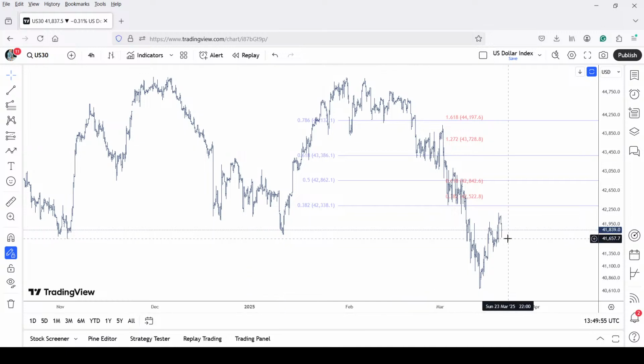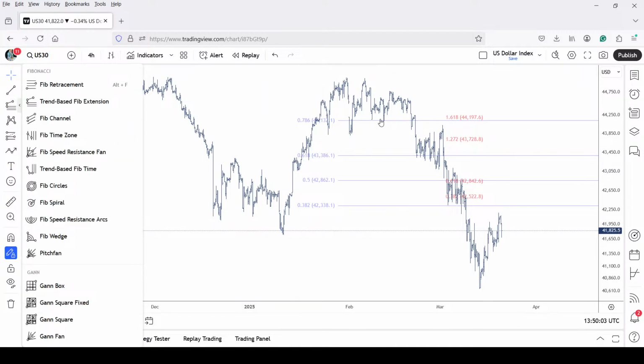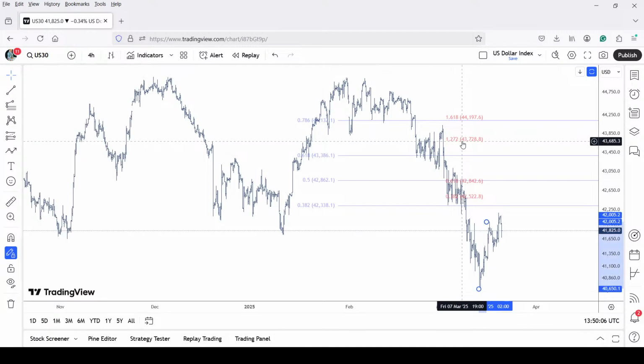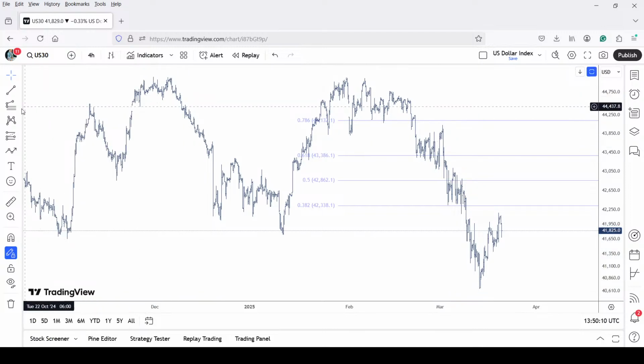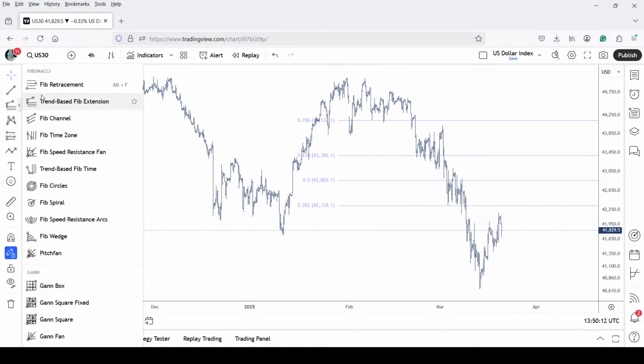There you go. Dow Jones should also be on the same lines. I mean, let's take this out first, because the boundary has changed. We look for a retracement or pullback.